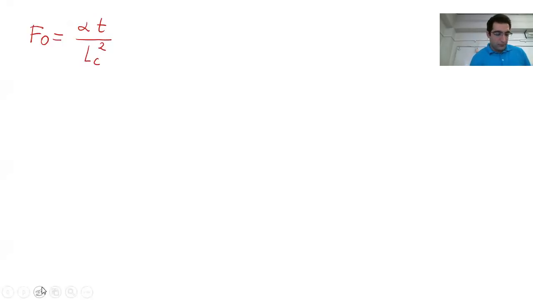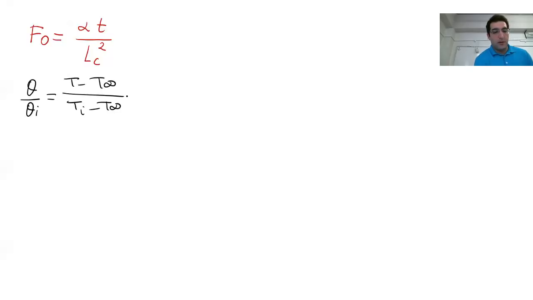Now, to show how it comes inside the lumped capacitance method equation, remember we showed theta over theta i, or T minus T infinity divided by Ti minus T infinity, equal to e to the power of minus a constant, which was h As over rho V c, times t, okay?